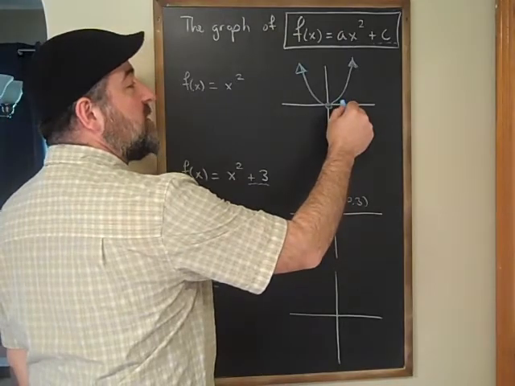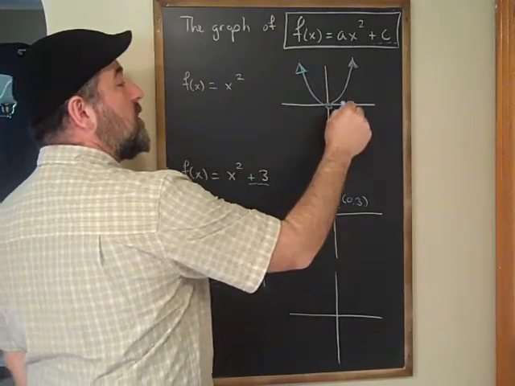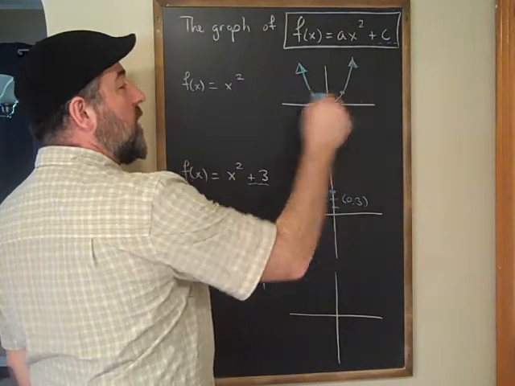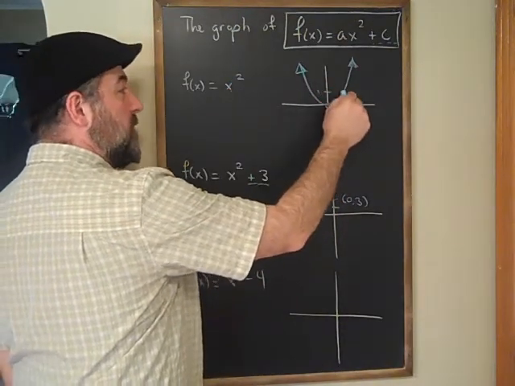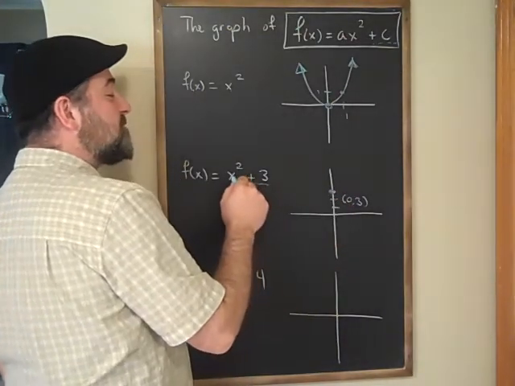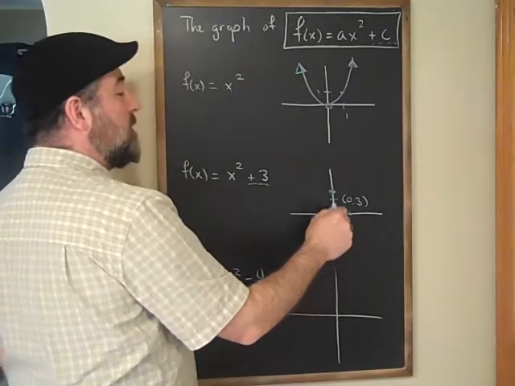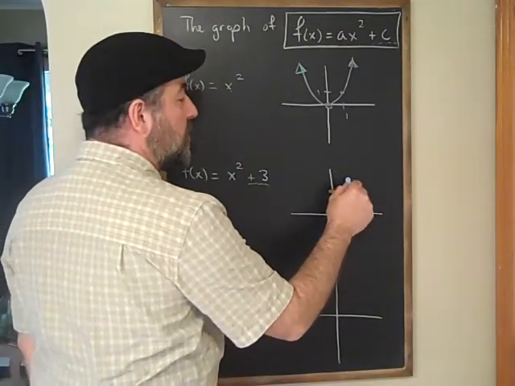I want you to see that every point is shifted 3 up. So in this parabola, if we go 1 over, we go 1 up, right? When x is 1, 1 squared is 1. In this parabola, when x is 1, 1 squared is 1, 1 plus 3 is 4.